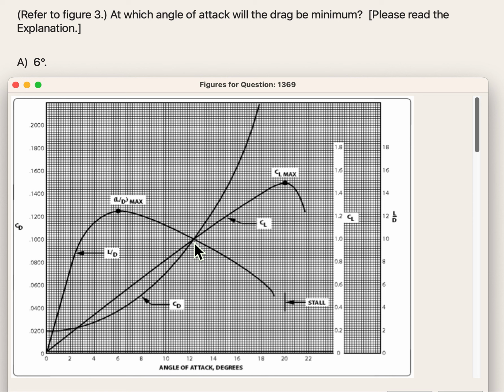Since drag is proportional to the coefficient of drag, all other factors remaining the same, the higher the CD, the higher the drag. So I guess 6. You just pick the number that's the lowest.